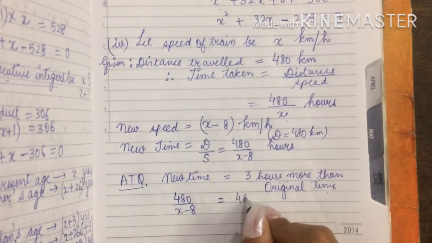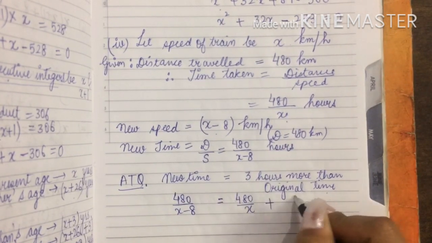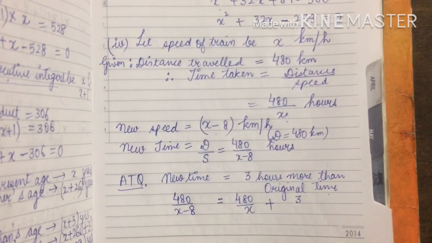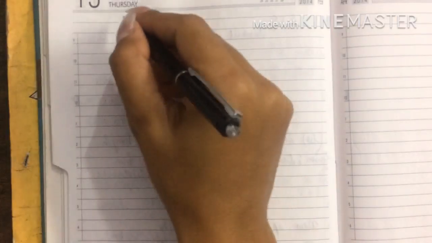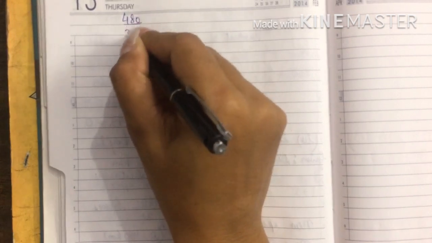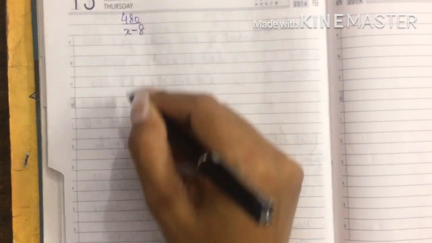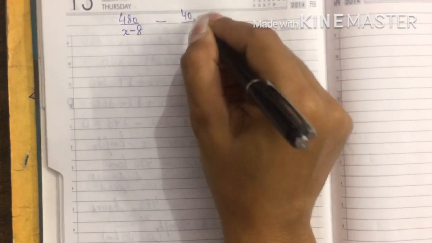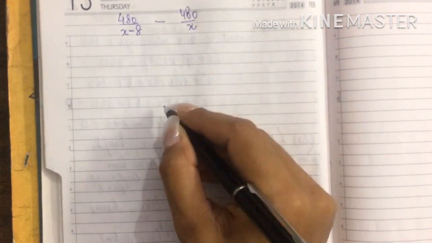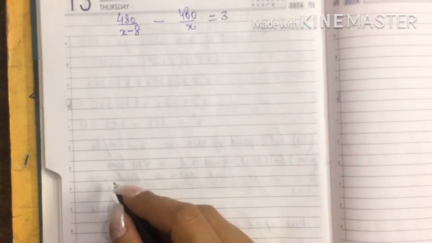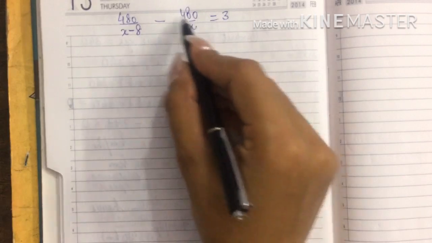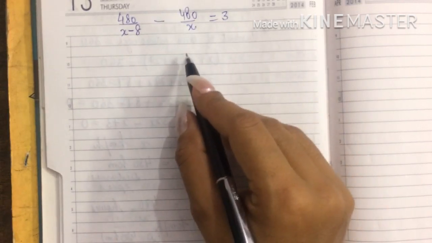Original time is 480 over x, plus 3. Let's simplify. So I have 480 over x minus 8 minus 480 upon x equals 3. I am going to simplify this and then bring 3 to this side.